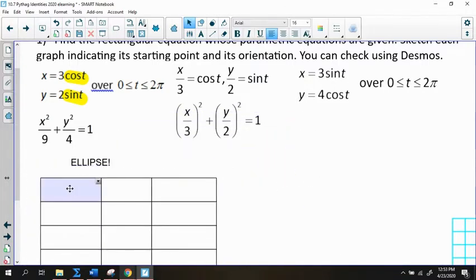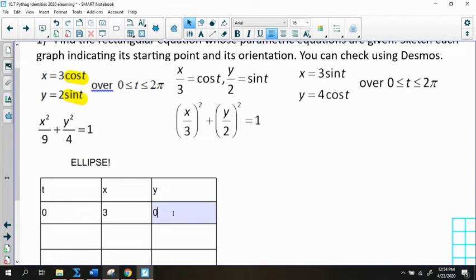So if I put t's in the first column, x in the second, and y in the third. If I put 0, which is my starting point, in for t, cosine of 0 is 1, times 3 gives us x is 3. And sine of 0 is 0, times 2 is still 0.